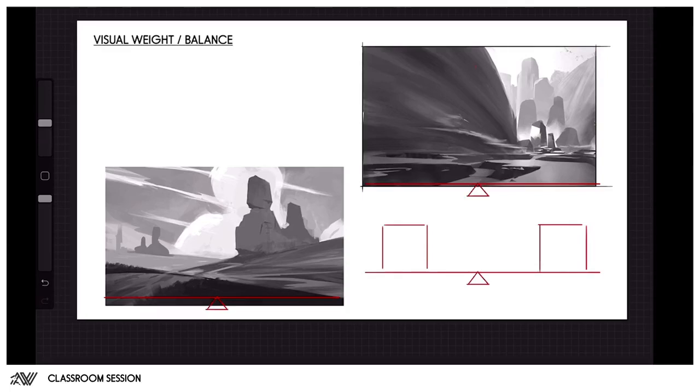The problem, however, is that it looks quite boring, right? We have the same mass on each side, and I'll show you a student example a little bit later where this is clear. We have the same information on each side, equally spaced from each other on the canvas, and that creates a boring composition.